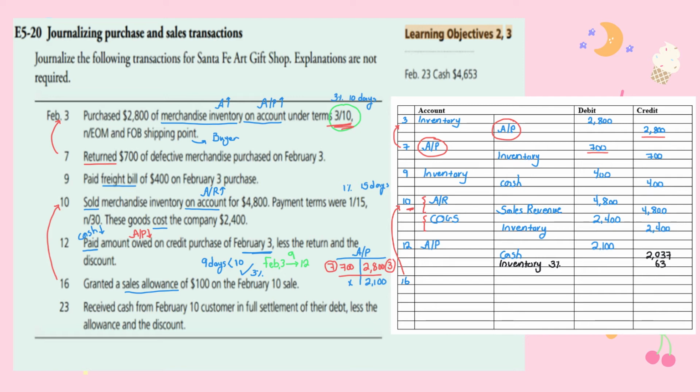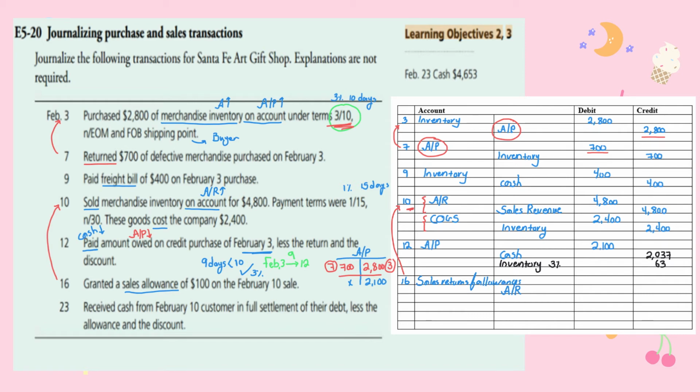So accounts receivable will be in the credit side because I need to decrease it. And sales revenue, I want to decrease it. Instead of debiting this account, I need to debit an account called sales returns and allowances on the debit side.